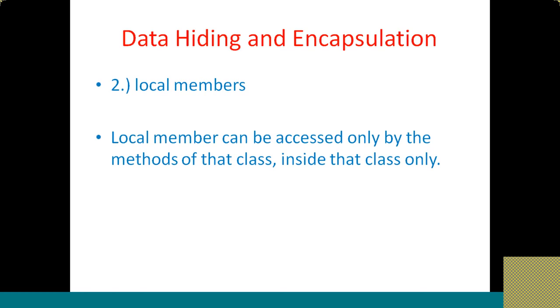Local members are just similar to private members. So now the thing is how we will make any variable local. It's very simple. At the time of the declaration, we just have to use the local keyword before that particular variable. So just with the help of the local keyword, we can make any variable local or private.